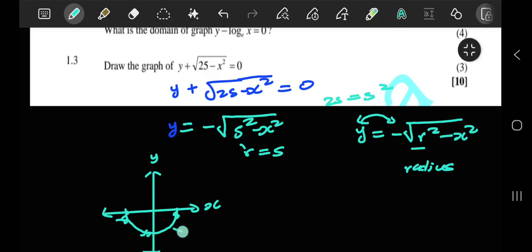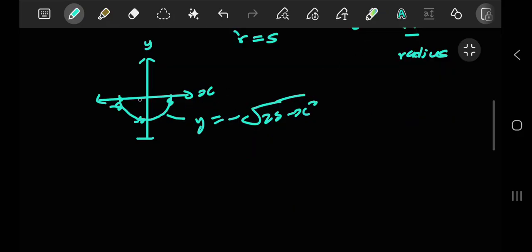You understand? So this is simply y is equal to minus the square root of 25 minus x squared. It's the semicircle, together. That's all. You must understand the semicircle. There's a video that I did that talks about the semicircle. You must understand the semicircle.